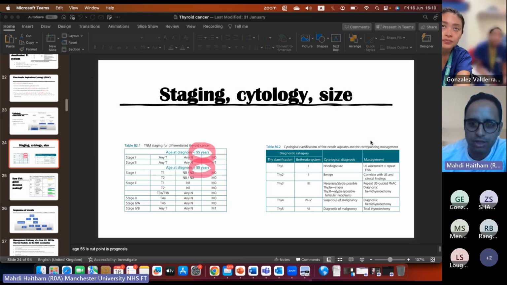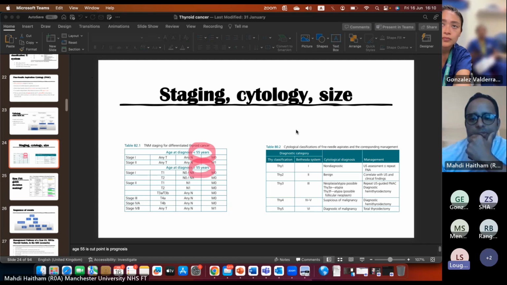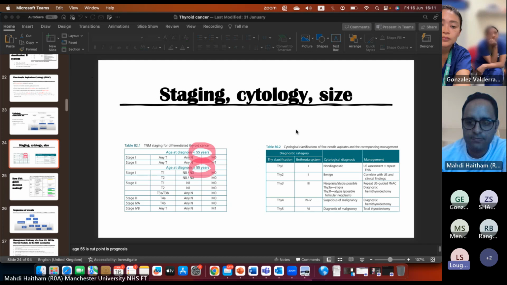So within the age, Mr. Loughran, I think it's up now to 55, right? It was 45 before. That's the big change in the new TNM8. The staging relies on the age of the patient, and it's been found, and you probably read that in the paper I sent out, that the age is quite crucial as to how well these patients do. So under 55s do very well.